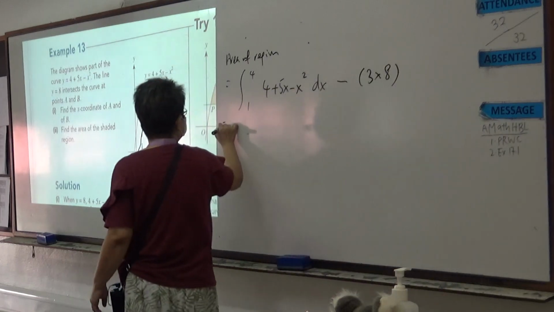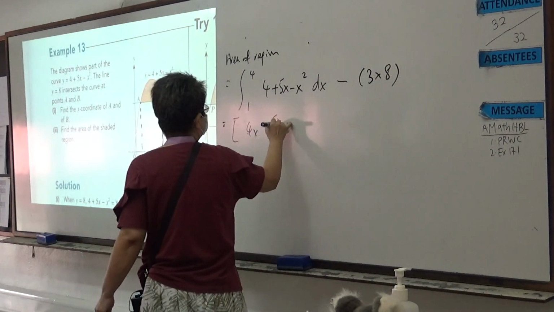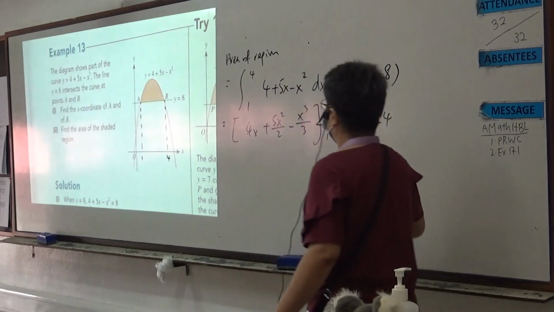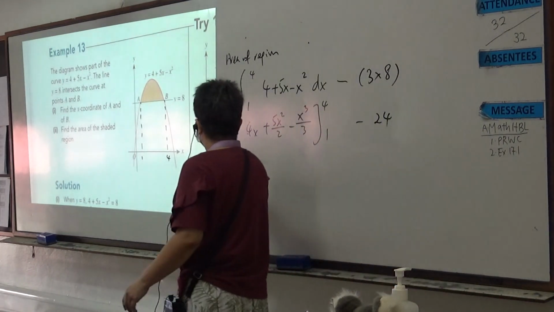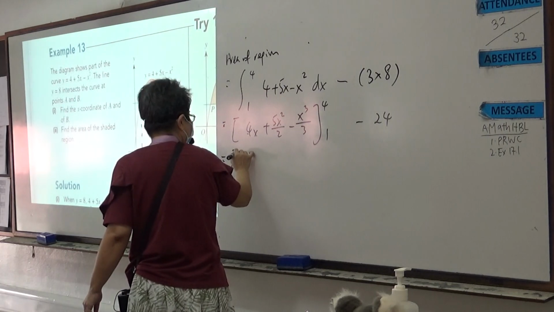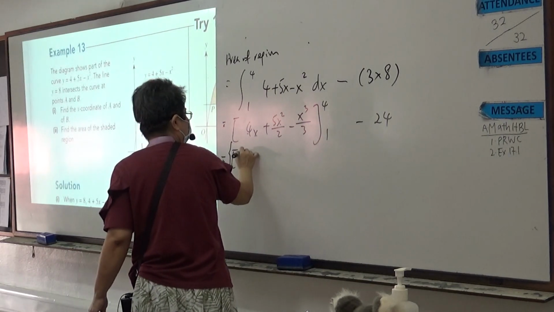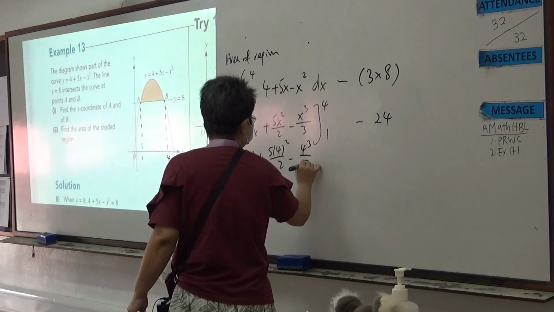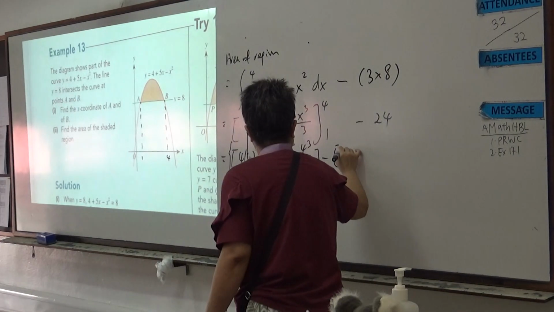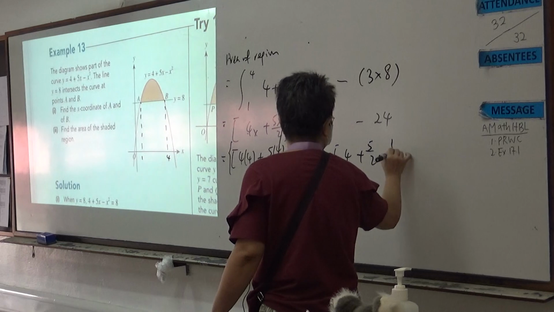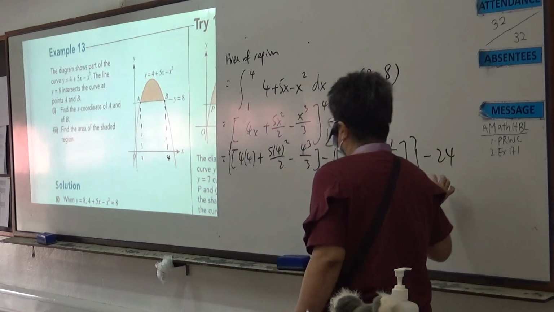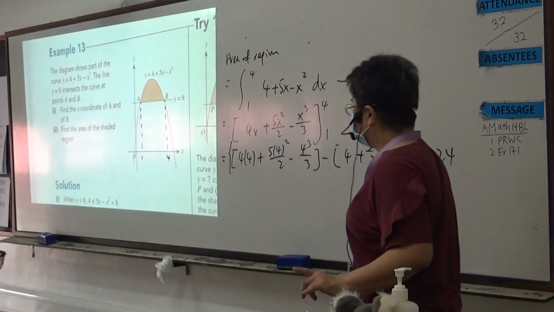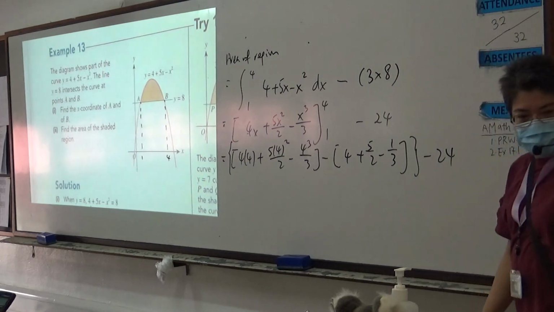Now let's integrate that. 4x plus 5x squared over 2 minus x cubed over 3, from 1 to 4, minus 24. All of you must know how to key in this whole thing in one shot so that you can get the answer. I plug in, then I key in.